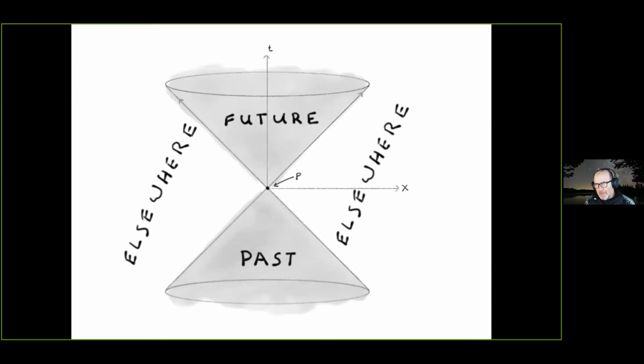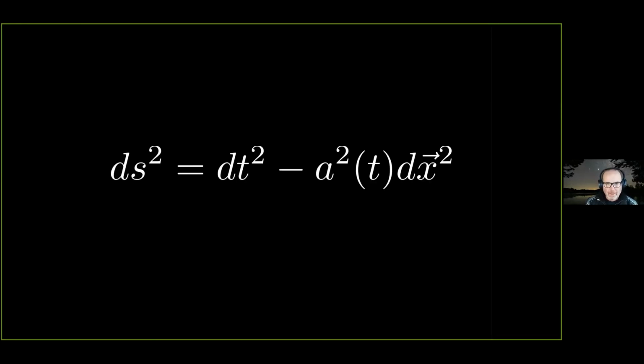If we want to have expansion, some dynamics applied to the space-time, but still preserving the cosmological principle, the idea that the universe is homogeneous and isotropic, the way we generalize this Minkowski metric to an expanding space-time is we add a time-dependent factor, this a squared of t.